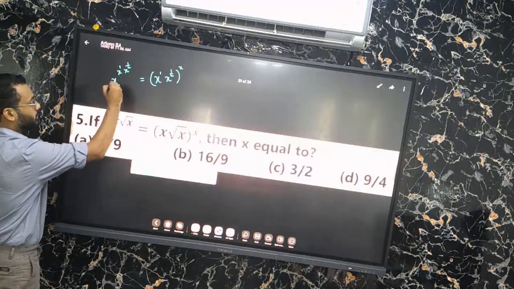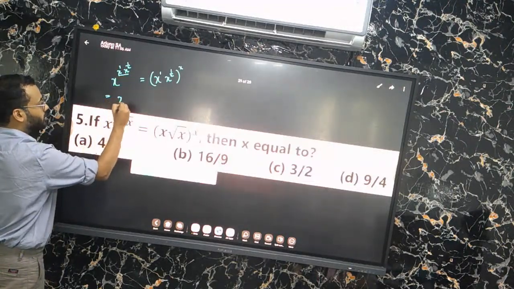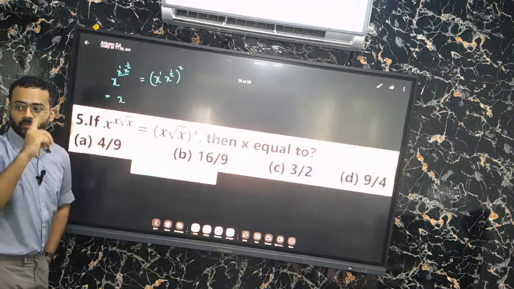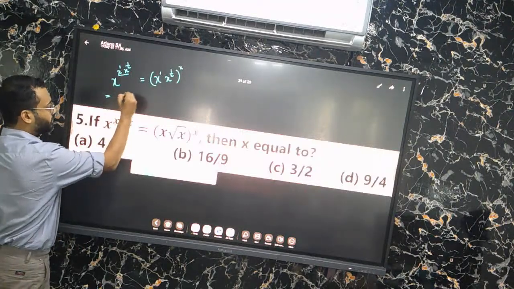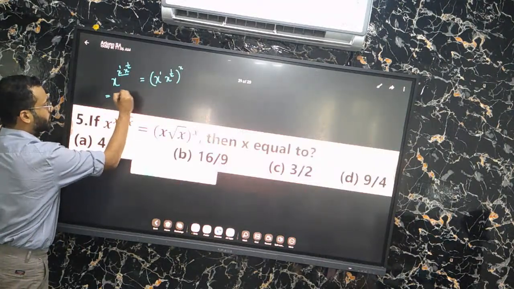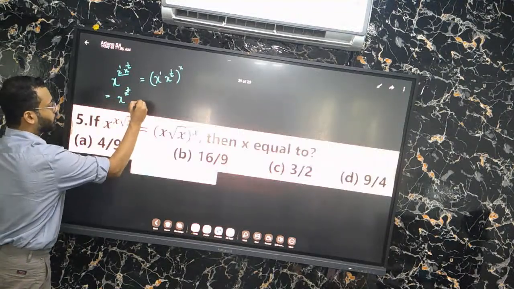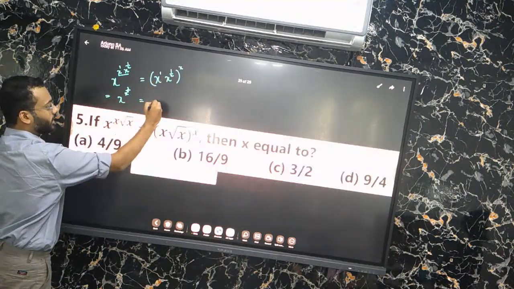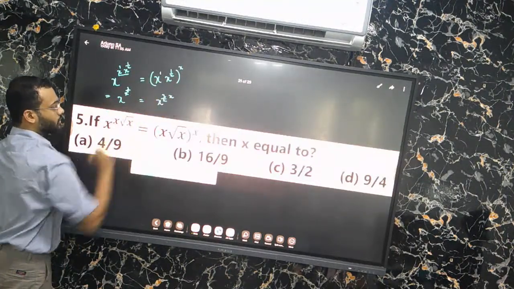Now, first always tackle the power. So this will become x power 1 into x power half, which is x power 3 by 2, since 1 plus half is 3 by 2. So I'll write x power 3 by 2. Now here I have x power 1 into x power half, that is nothing but x power 3 by 2 x.